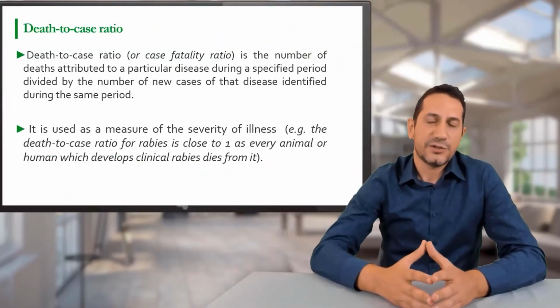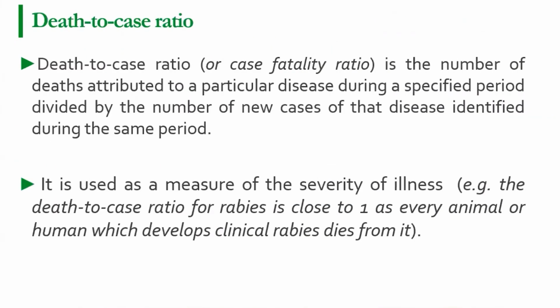Another example of a ratio, and mostly used, is the death to case ratio. In the COVID times, we often used in the media, or we read in technical reports, the case fatality ratio, which is basically the same thing. It's the number of deaths attributed to a particular disease during a specific period of time, divided by the number of new cases of the same disease for the same period of time.